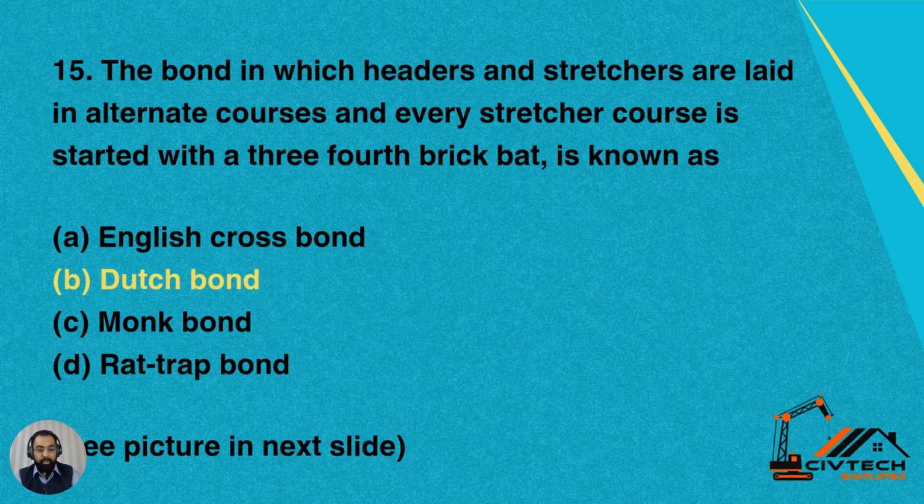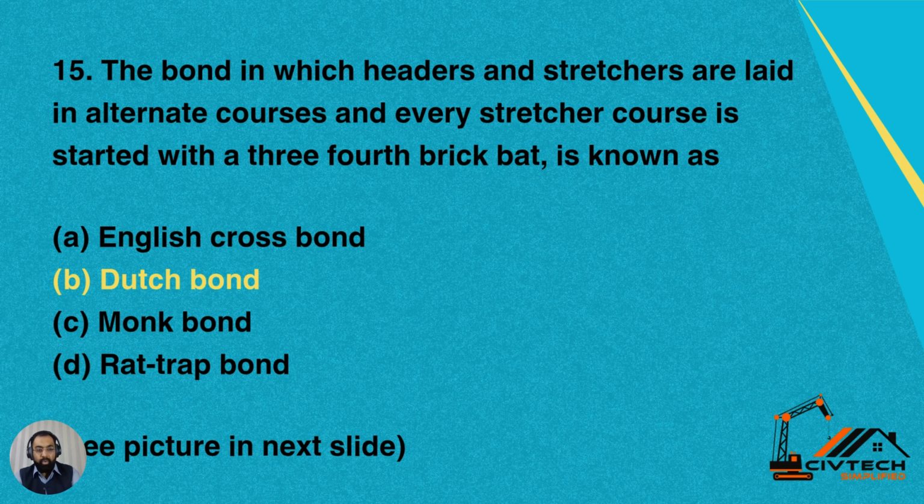So Dutch bond is basically a bond in which header and stretcher are laid in alternate course. First condition, yes, they are placed in alternate course. One course will be header, the other course will be stretcher, and the third course will again be header, and the fourth will be stretcher.